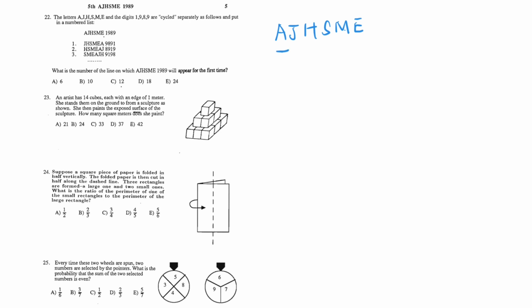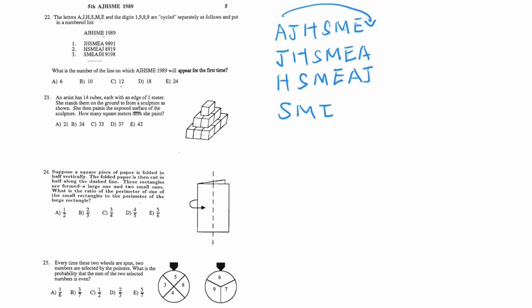The first line is J, H, S, M, E, with A going to the last one. The second is H, S, M, E, A, J. And then S, M, E, A, J, H. They continue on, so the 6 letters are repeating.